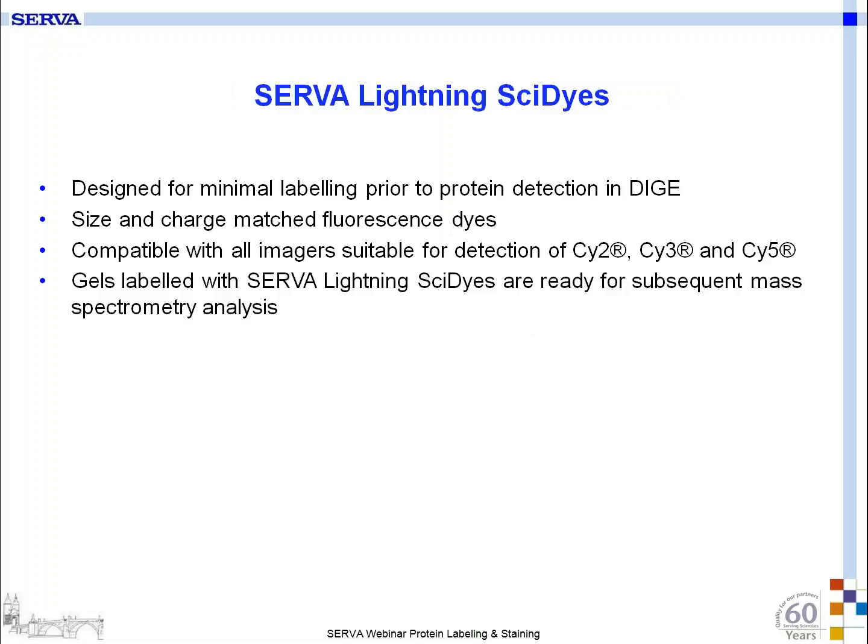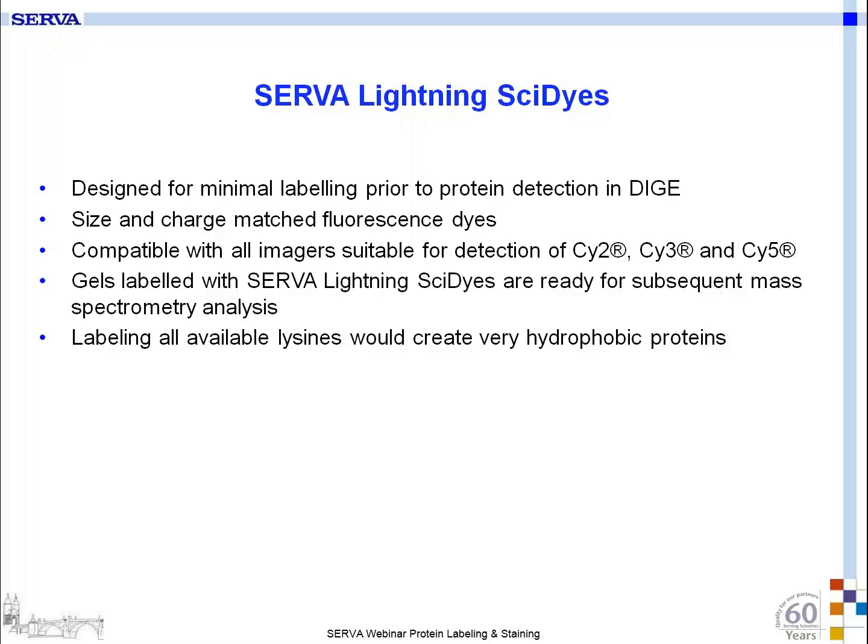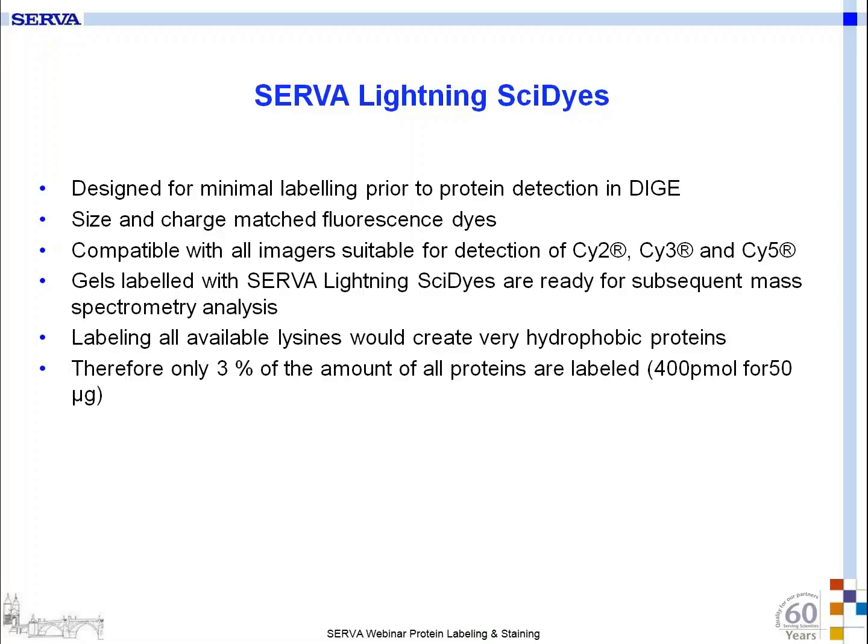The gels that are stained with Lightning Red are ready for mass spec analysis. The labeling labels all the available lysines and would make hydrophobic proteins. 3% of the amount is labeled.